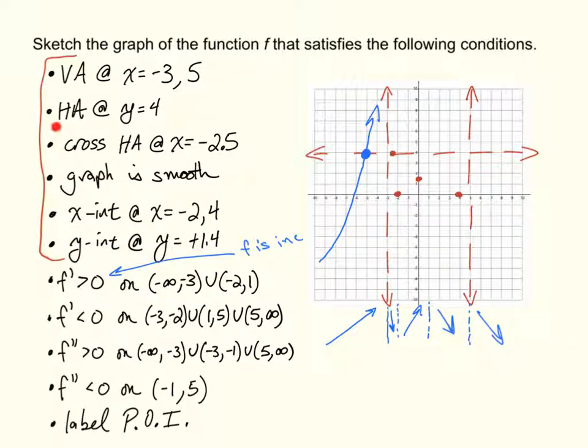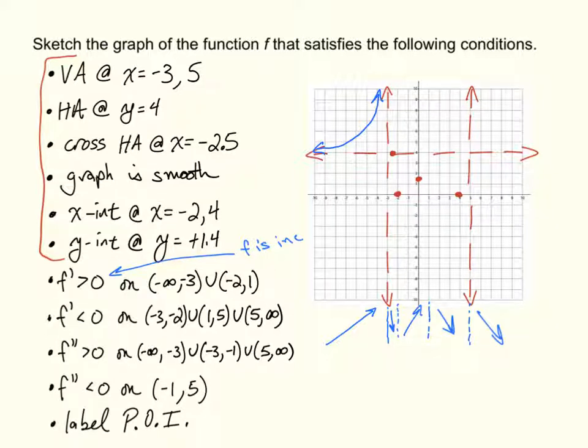But over here, the only place we cross the horizontal asymptote is when x equals negative 2.5. So we cannot start underneath this horizontal asymptote anywhere, otherwise we will have to cross it. So we will have to start above the horizontal asymptote and keep increasing.